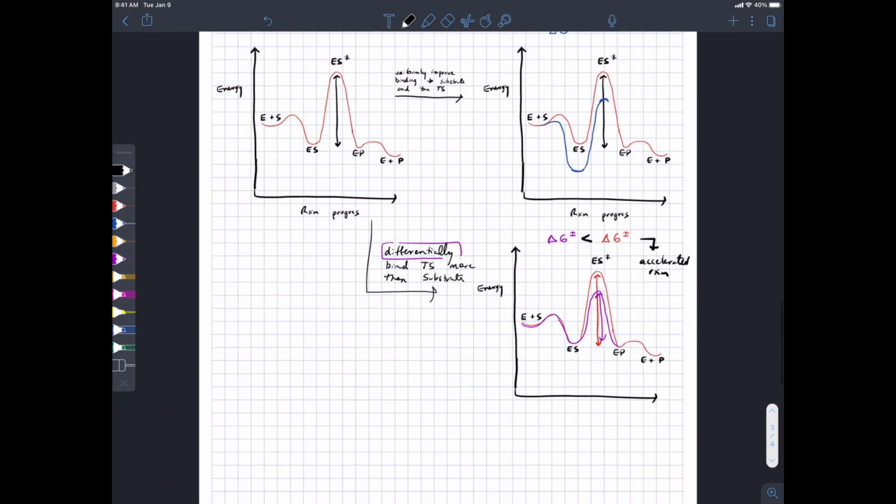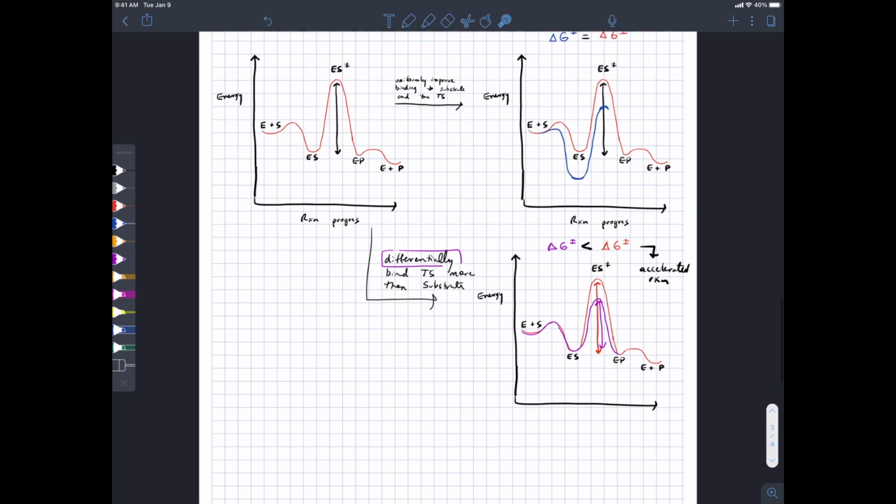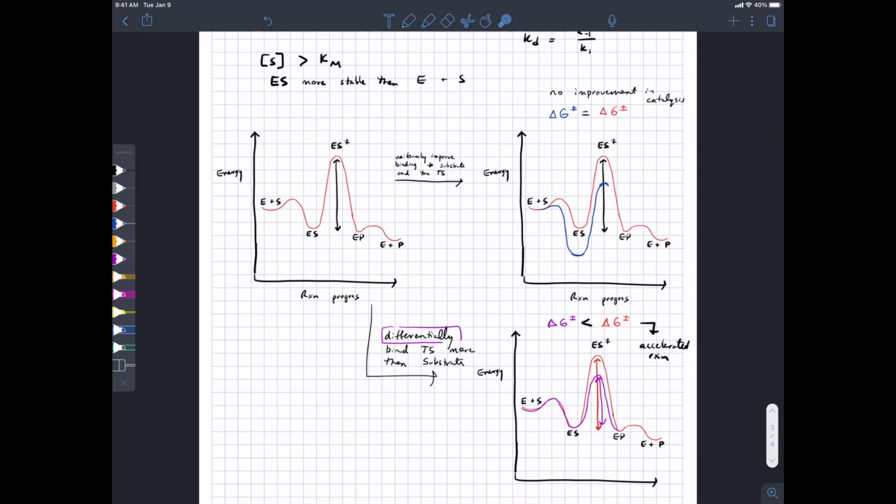I think we already talked about that when we first started talking about catalysis: if you bind the transition state and the starting material to the same extent, you're not going to get a lot of catalysis. So it makes sense that you need to bind the transition state better than the starting material. But that's when your substrate concentration is greater than your Km.